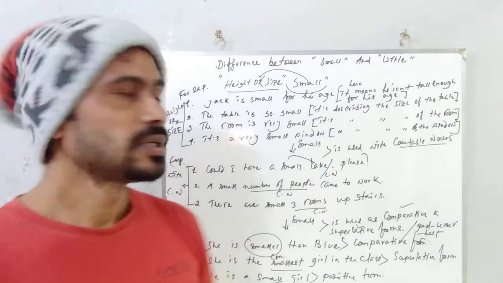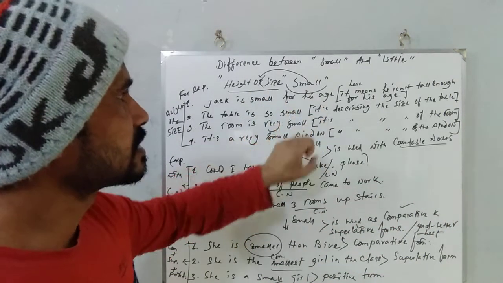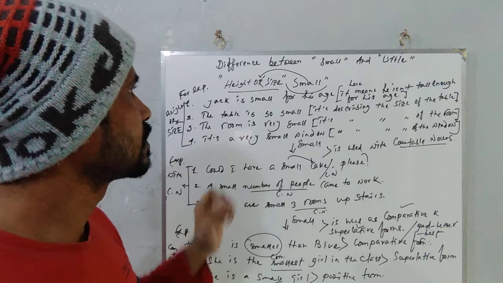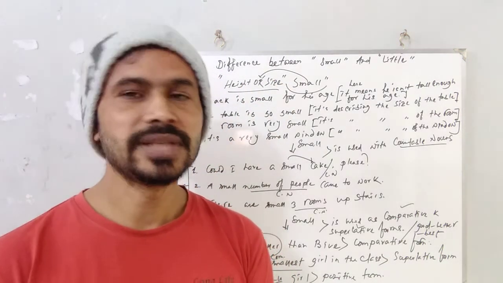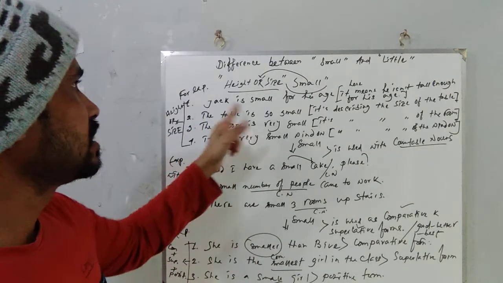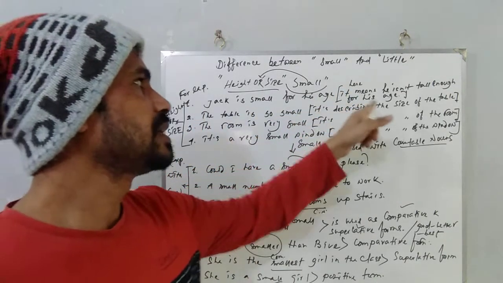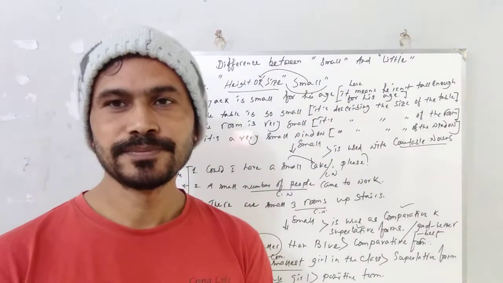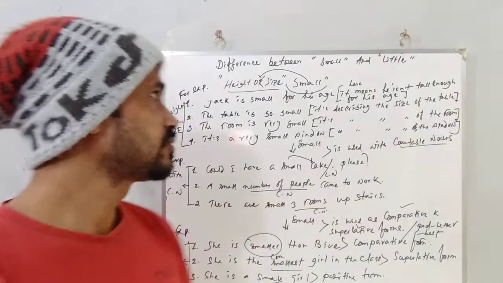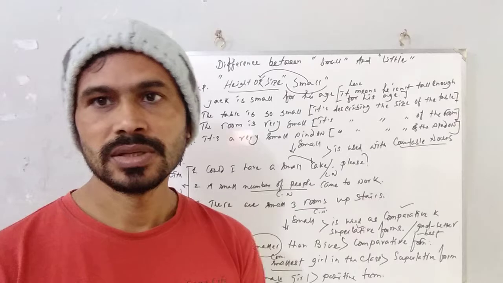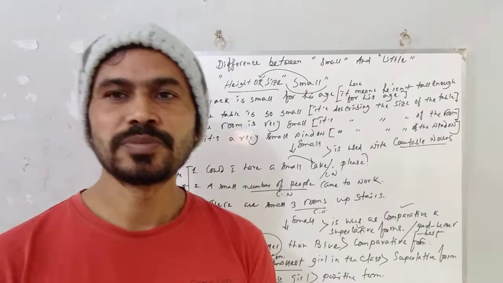This sentence means his size or his age. So Jack is small for his age. Here it means he isn't tall enough. He is not tall enough for his age. So I think you got my point, my friends.